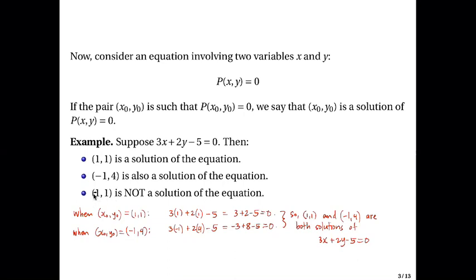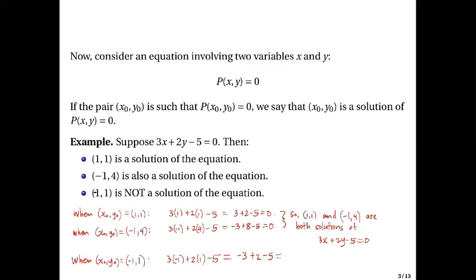Again, this is the edited version. We have negative 1 as the value for x and positive 1 as the value for y. So when you have x sub 0, y sub 0 equals negative 1 comma 1, we will have 3 times negative 1 plus 2 times 1 minus 5. So we will have minus 3 plus 2 minus 5.